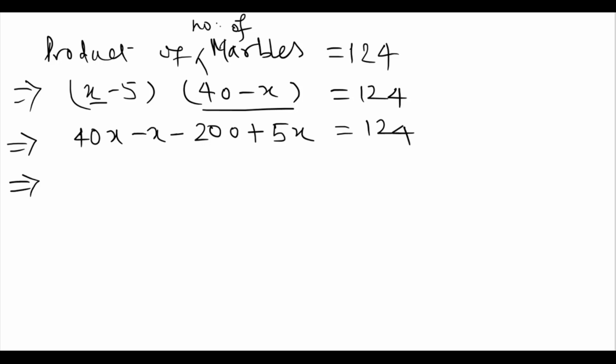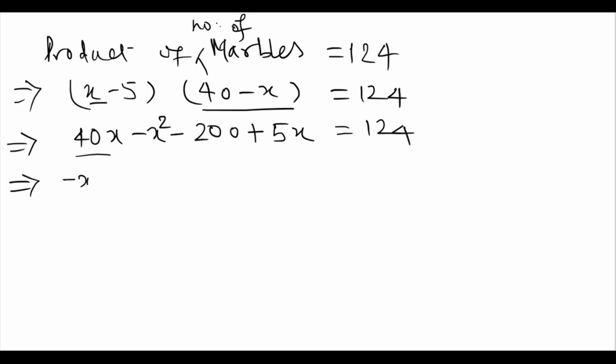So this will become, excuse me, this is 40x minus x square, right? I missed it, x square. Okay. Now this 200 plus 5x, correct, right? Now this is correct.